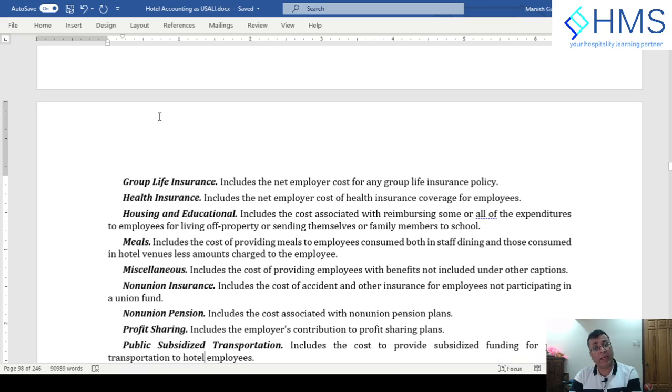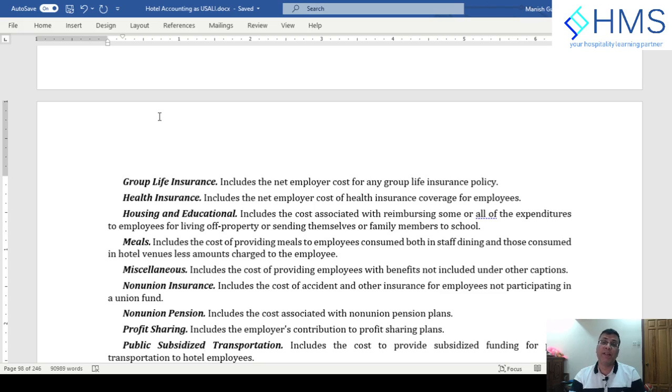Then you have other types of insurance, like group life insurance or health insurance provided to the employees as a group policy or as an individual policy. And you have housing and educational benefits to all the employees, not only the expatriates.